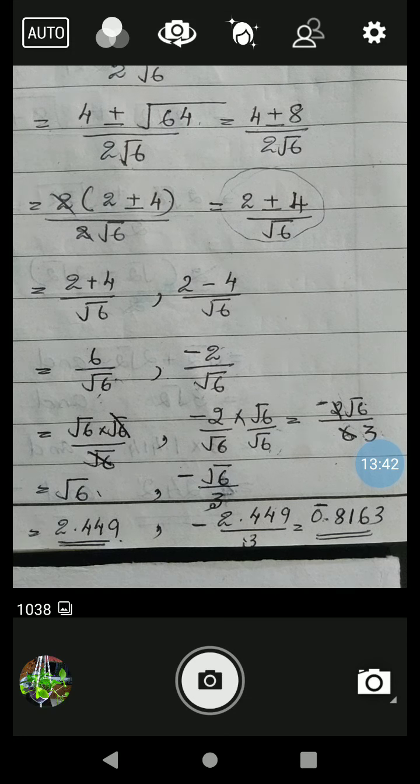And here minus root 6 by 3, that is minus 2.449 divided by 3. That value is minus 0.8163. Okay.